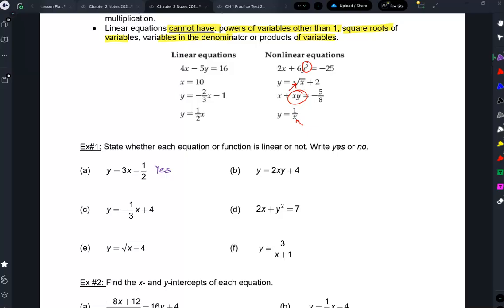Is it linear? B is not linear. Okay. Who else? Liam, what about C? Yes. Lila, D? No. E, not. F, definitely not.